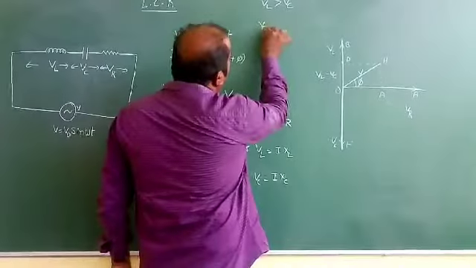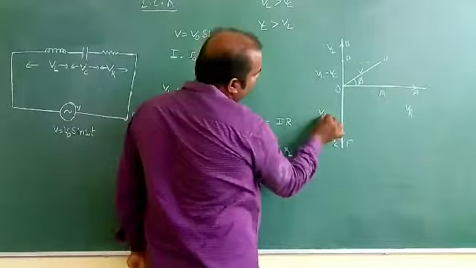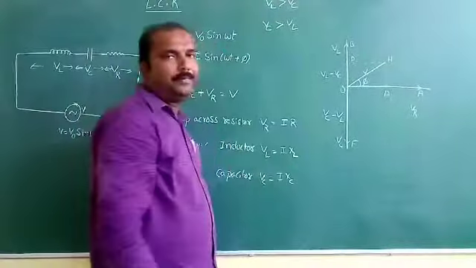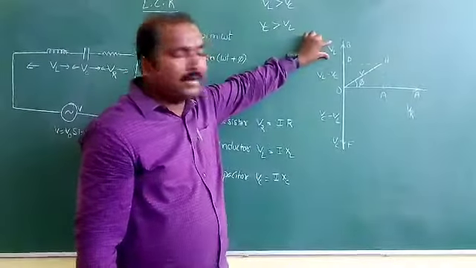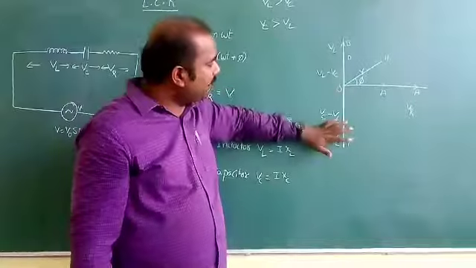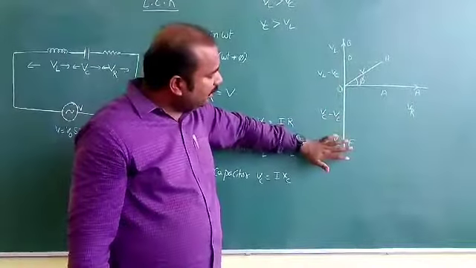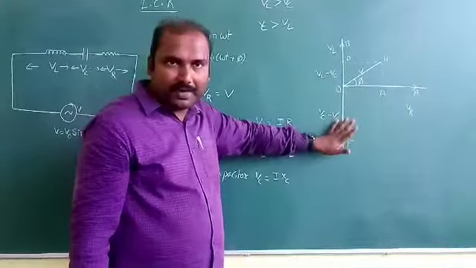Suppose VC is greater than VL, in such a case you have to take VC minus VL. This is so important. If the inductor is dominating the capacitor, the resultant of these two is VL minus VC. If the capacitor is dominating the inductor, you have to take VC minus VL.